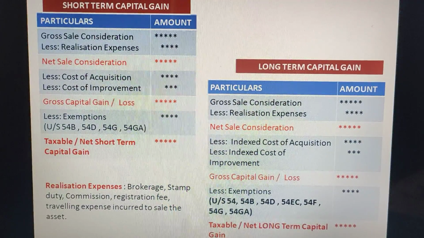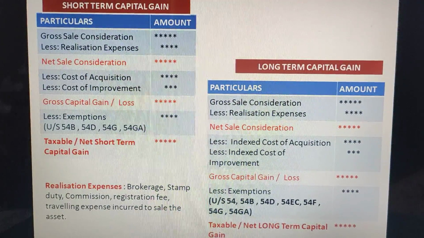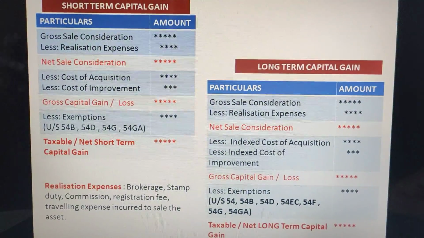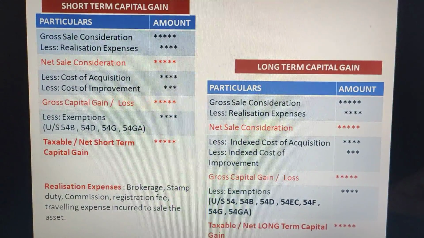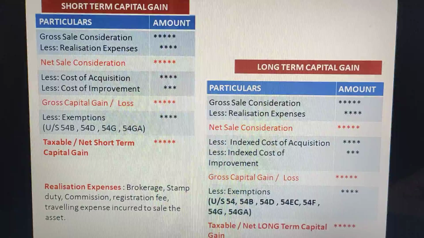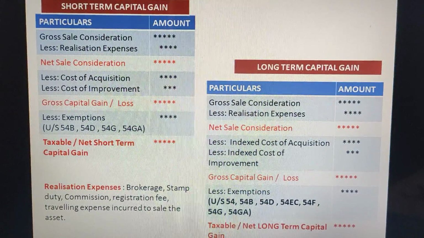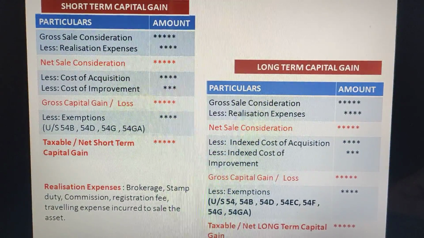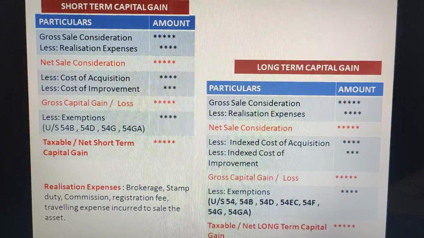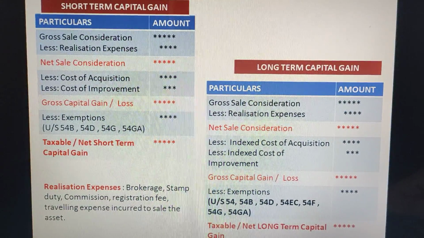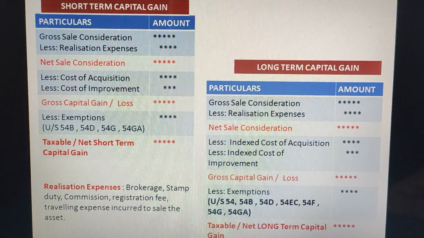Then minus realization expenses. Realization expenses are those expenses which are incurred to make a sale, to realize your asset. Realize is nothing but selling or transferring your asset from one person to another person.